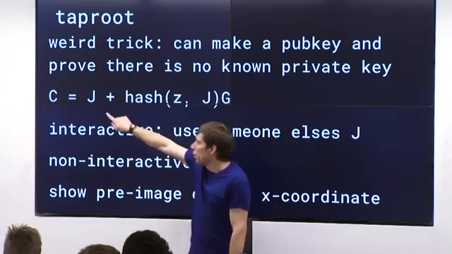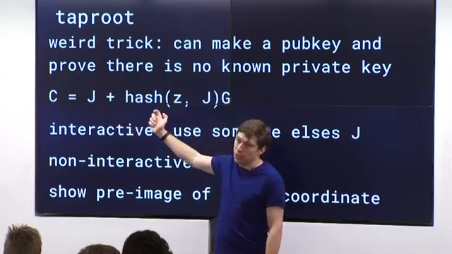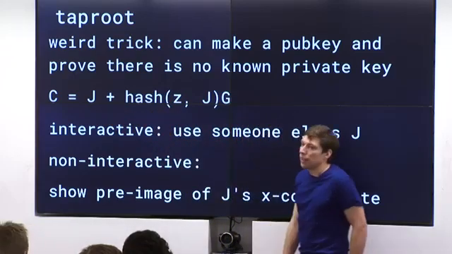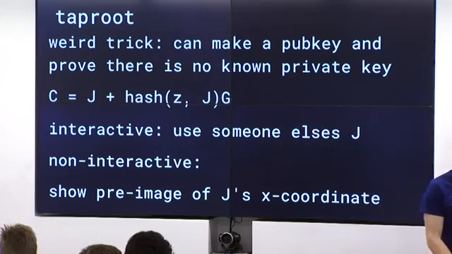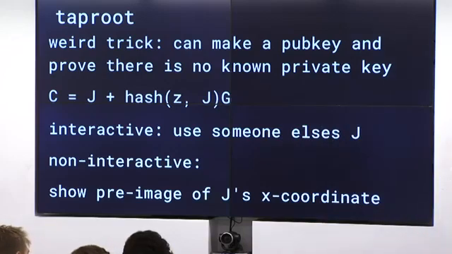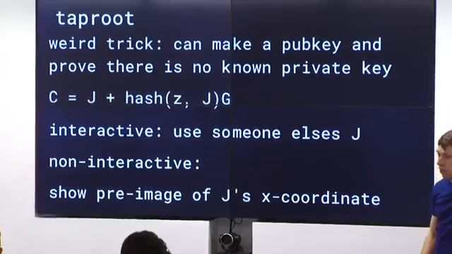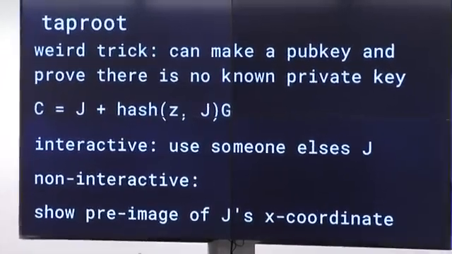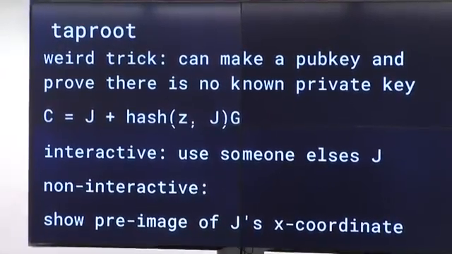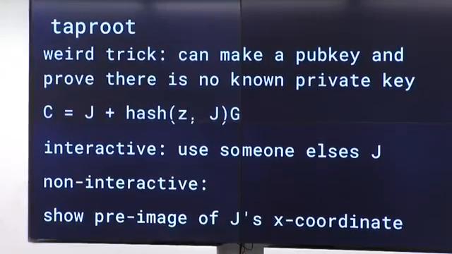However, there is a point J, and there's a script Z, and you can execute the script. That's useful in many cases where you want to prove to people that there is no key here, it's just a script. Everyone will find out later when you spend it, but they don't have to know that there was no key, they just know that the script got executed. So that's a nice sort of hatch by default.